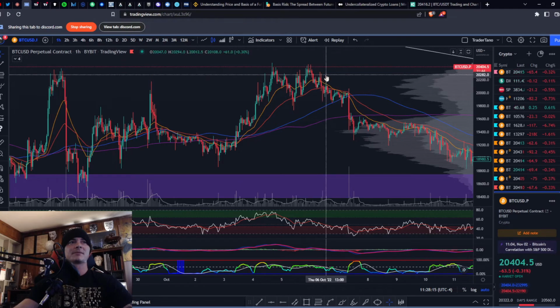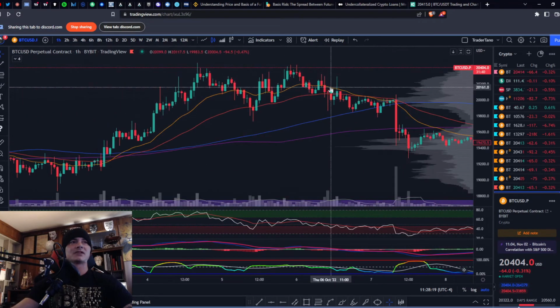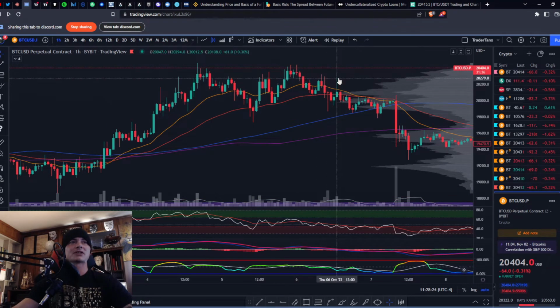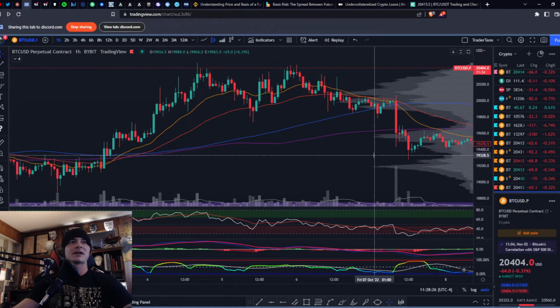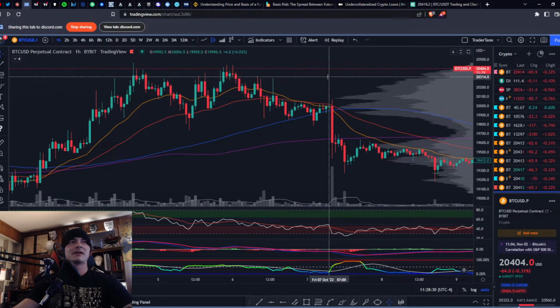You know what I mean? Because look at this: people had their stop losses at the close of this high, and look what happened. Your stop loss got hit, it came back down and went the way you originally thought. So don't put your stop losses too tight. Put them a little above the last high.